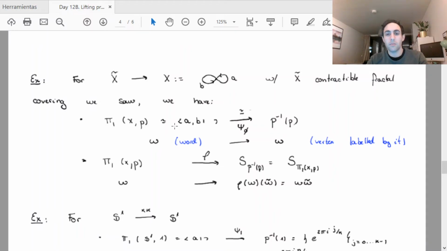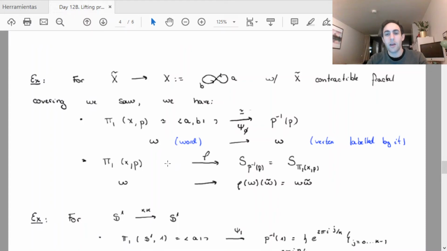The correspondence is that you take the word of pi1, lift it to x tilde, and the endpoint will end up at some vertex, which you call w again. So this provides a bijection between this set and the group.